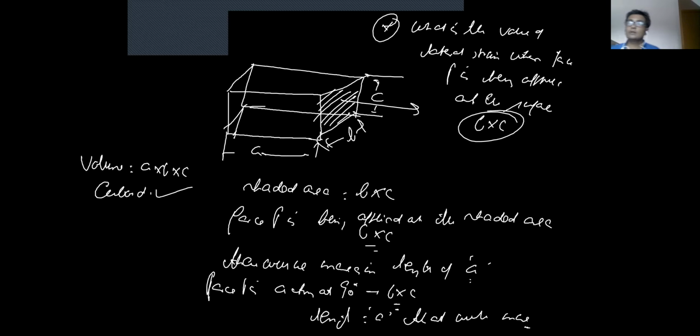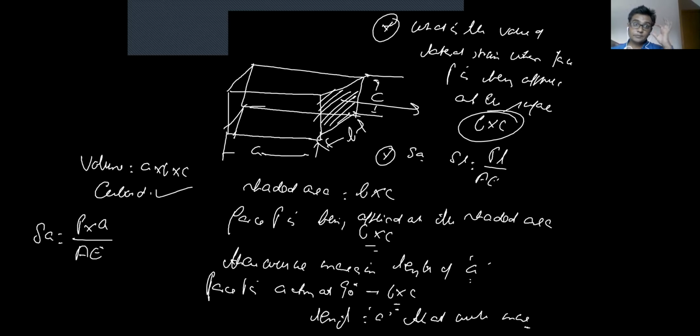Okay, fine. So we know that the linear strain, that is the change in side A, yani delta A, can be found out by the use of delta L, that is your PL upon AE. So it means delta A is equal to P into A upon AE, right? And you know the value for this material.